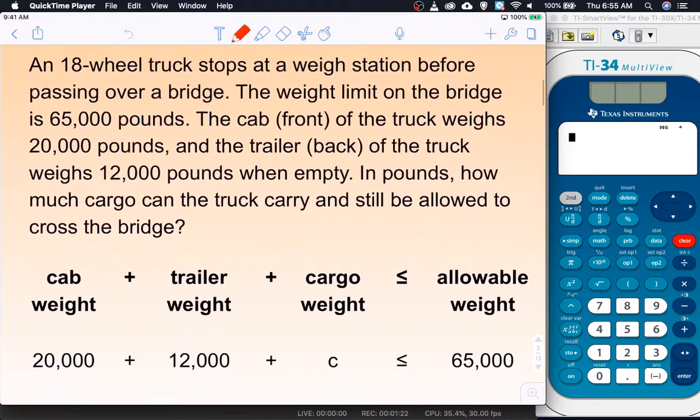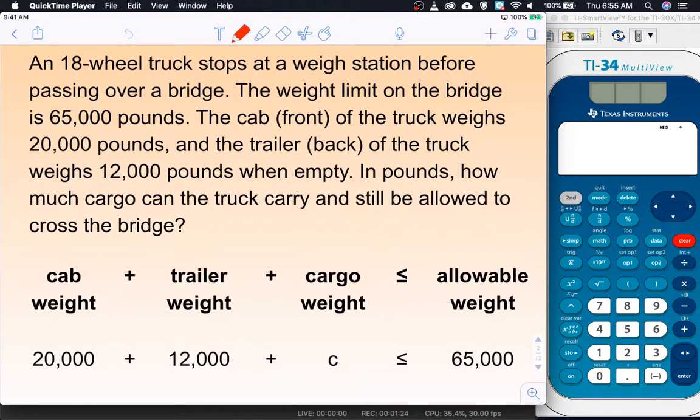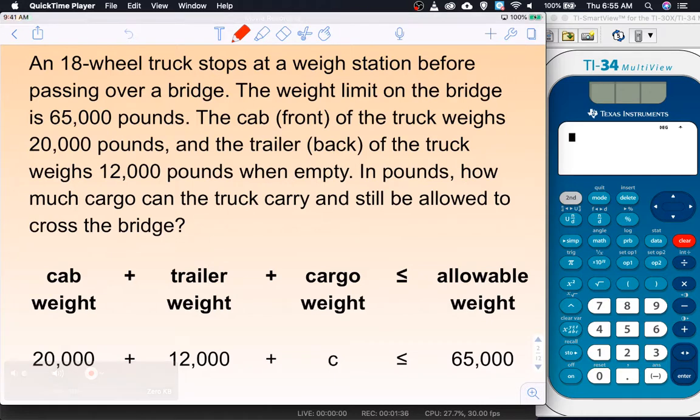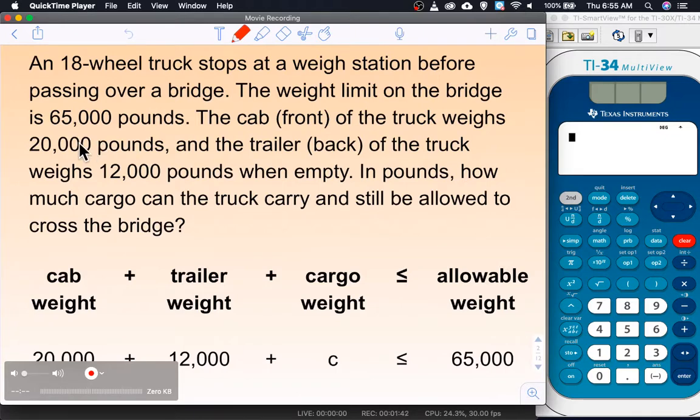And we also have this other example here. An 18-wheeler truck stops at a weigh station before passing over a bridge. The weight limit on the bridge is 65,000 pounds. Most bridges have weight limits, unless it's one of those super sturdy bridges, but a smaller bridge actually has a weight limit. The cab in the front of the truck weighs 20,000 pounds, and the trailer in the back weighs 12,000 pounds when empty.